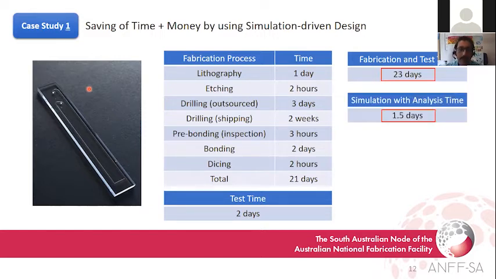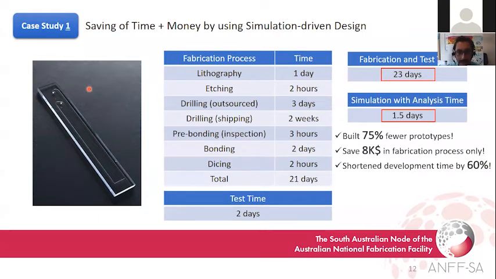But with simulation, we can minimize it to 1.5 days of design and analysis, which I'm going to show within a couple of seconds. If you do the math, we built 75% fewer prototypes, saved $8,000 in the fabrication process alone, and shortened the development time by 60%.